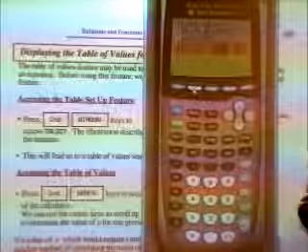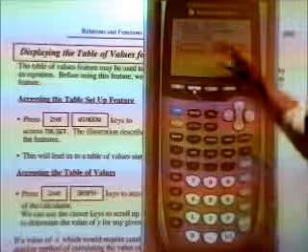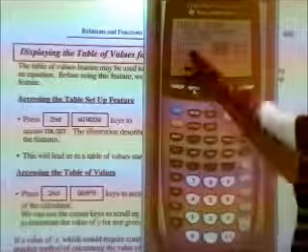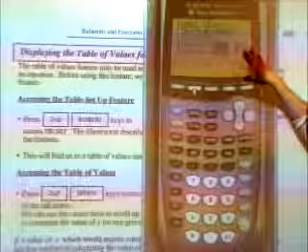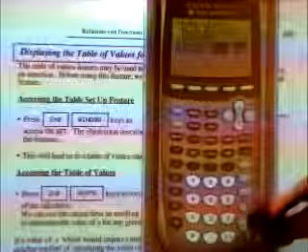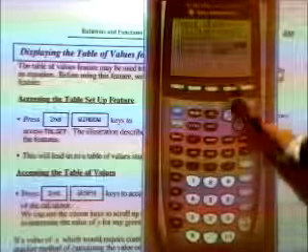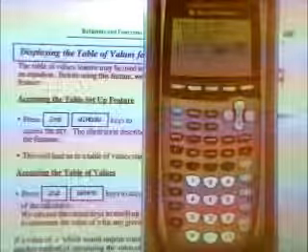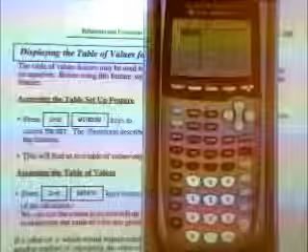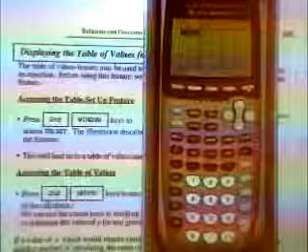The other feature that the table can do centers around this independent, this auto and ask, and more so the independent. Don't worry about the dependent, it's the independent. If I go down to ask, and I leave the dependent on auto, and then go back to my table, notice my table is blank.